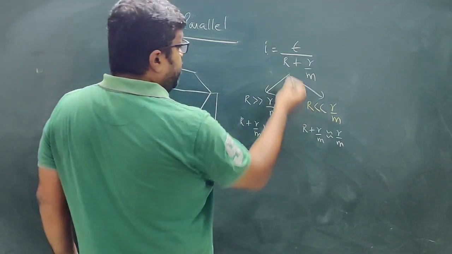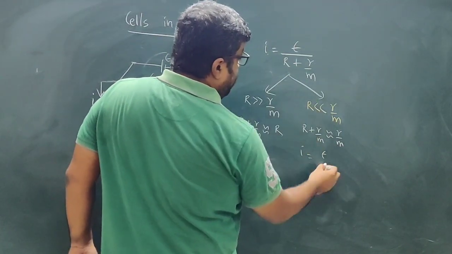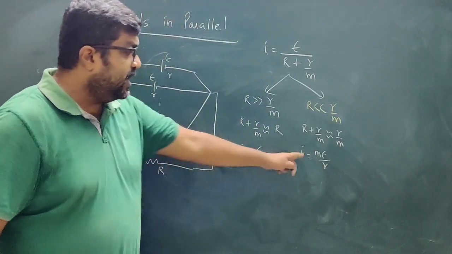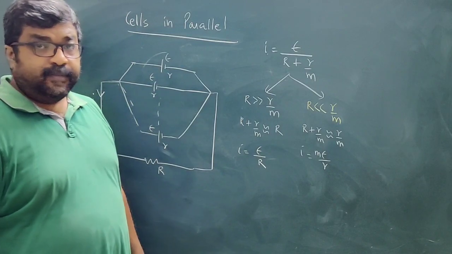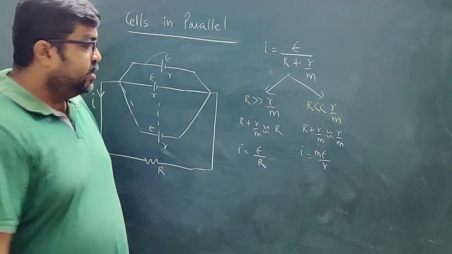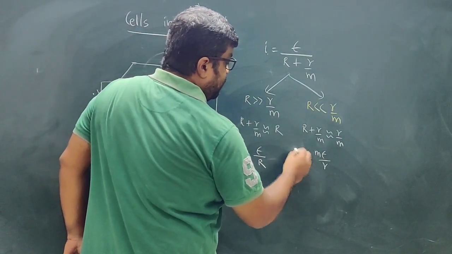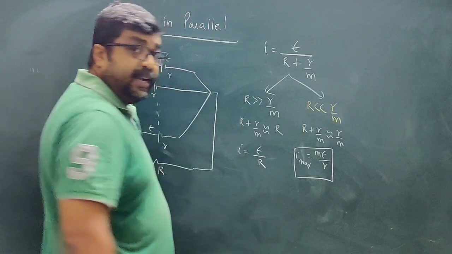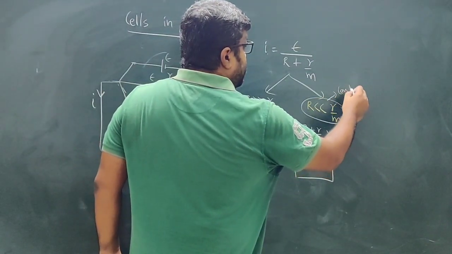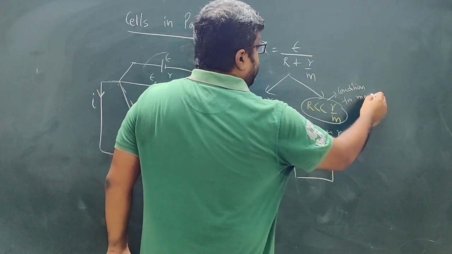So if you substitute this, we get I equal to E divided by R by M. So this M goes here, and now this is M times E by R. Obviously this is a large current. So this is the maximum current, and this is the condition for maximum current.